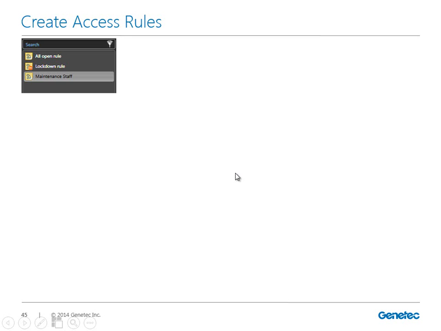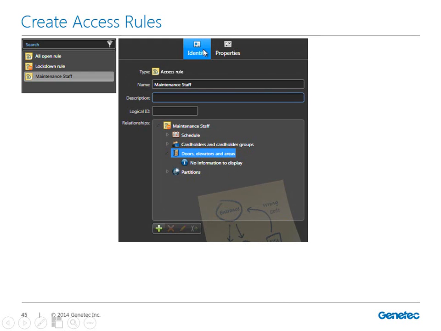Now we still need to set the where for this access rule. To do this, let's go back to the Identity tab for the access rule that we have selected. And we're going to expand the Doors, Elevators, and Areas section right here. Now all the doors should be affected by this, so click on the section here, and then we can click on the Add button on the bottom.